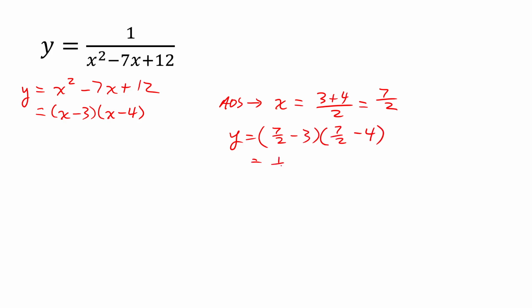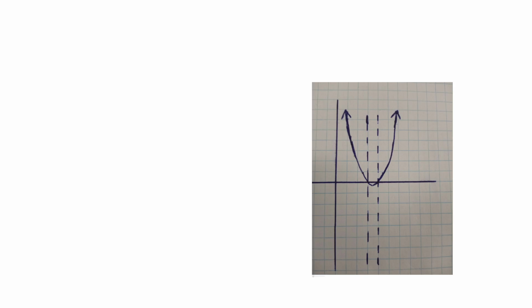We end up with 1 half times negative 1 half, which is negative 1/4. And so we have a vertex at 7 halves comma negative 1/4 and x-intercepts at 3 and at 4. And so this is what our curve will look like.